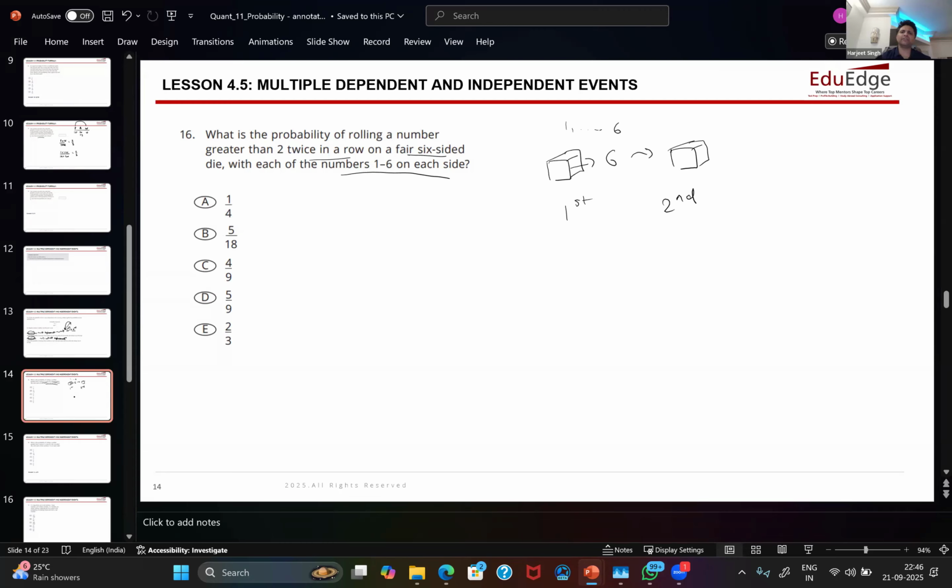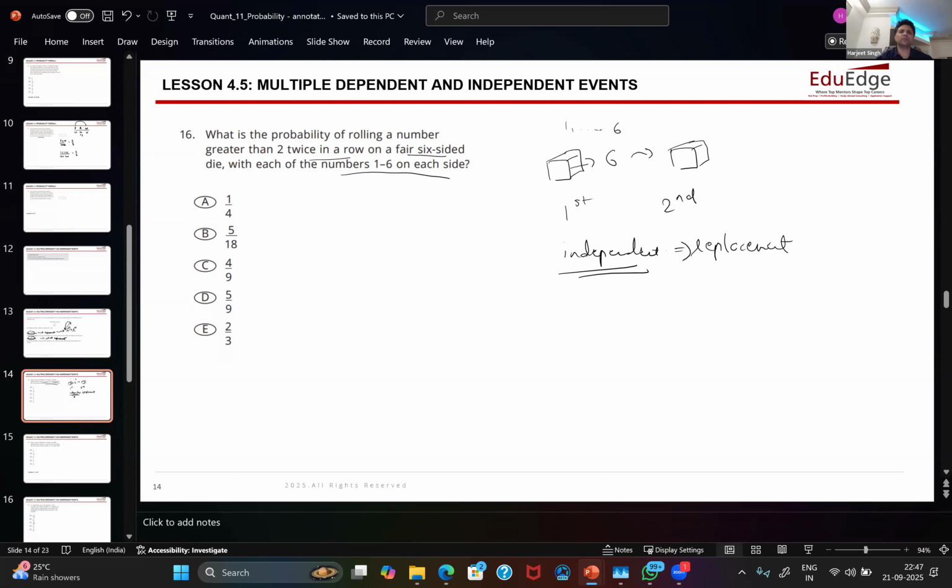Will the first roll have any bearing on the second? Suppose I roll a die, take it back and roll it again. No, they are independent of each other. So this is with replacement, which means numbers can repeat. You can get a 1 and then get another 1.